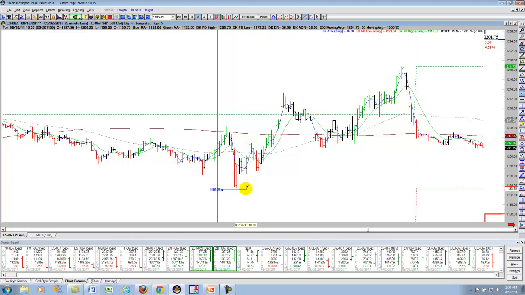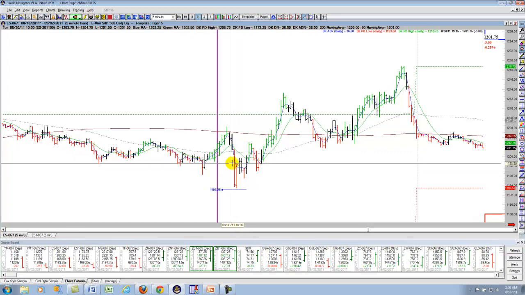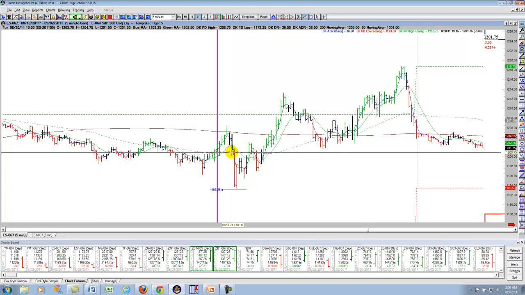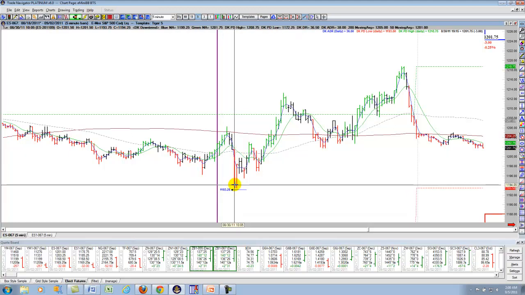Which, yeah, it's kind of iffy. It's kind of coming up. I would like to see another bar closing underneath before I would jump on that. But it is kind of high here and then comes down a couple of bars. Regardless, it doesn't bring you in the market, right?